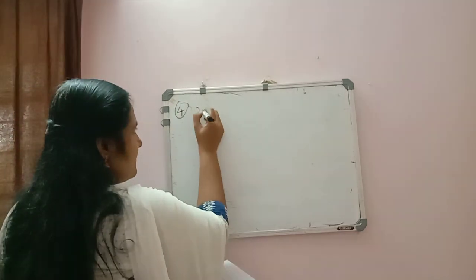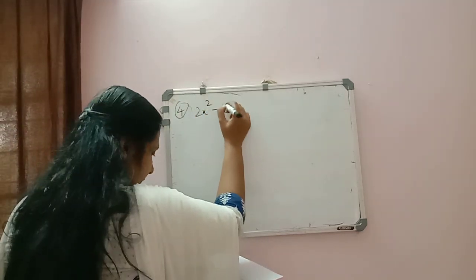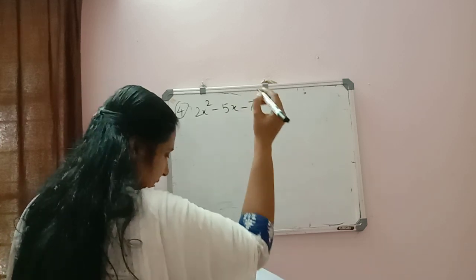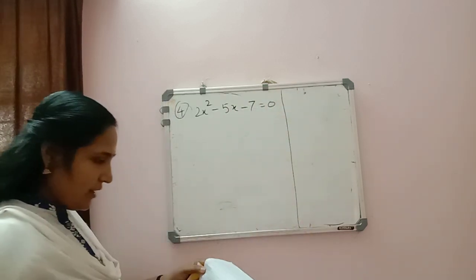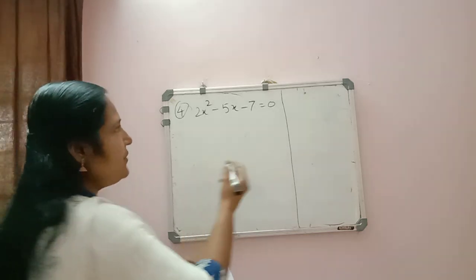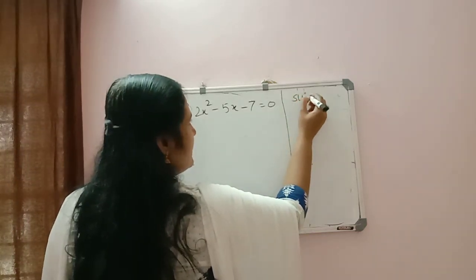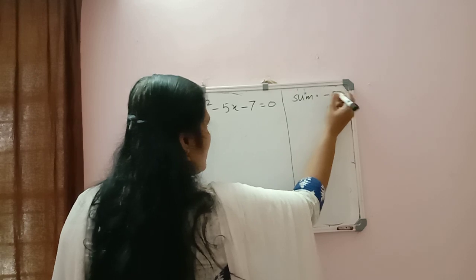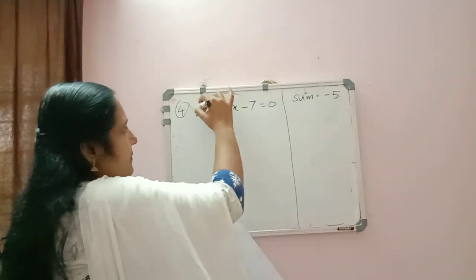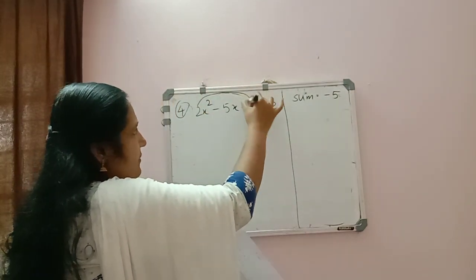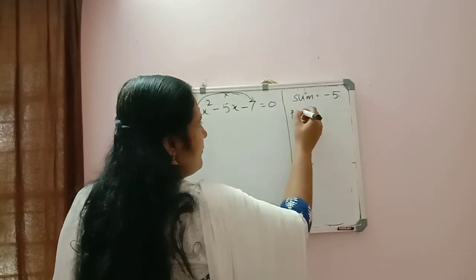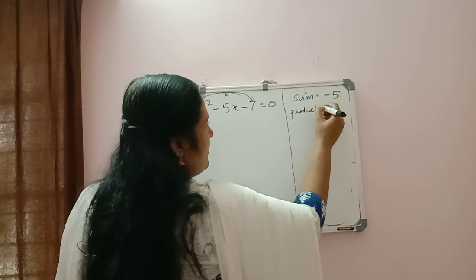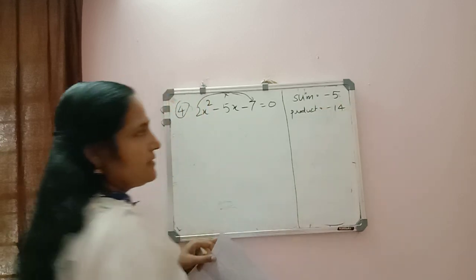x square minus 5x minus 7 equal to 0. Now I hope all can do it with me. We want two numbers whose sum should be equal to minus 5 and product should be equal to minus 7 into 2, minus 14.